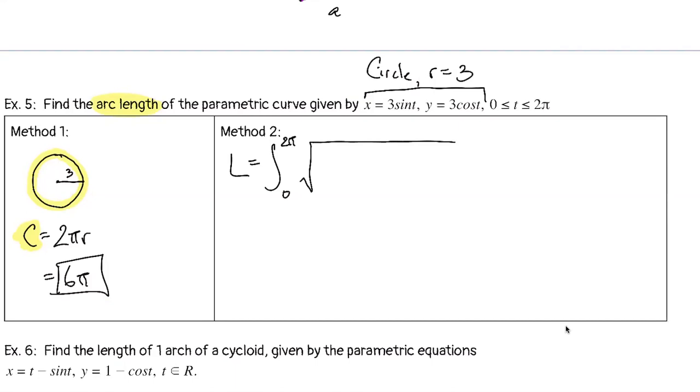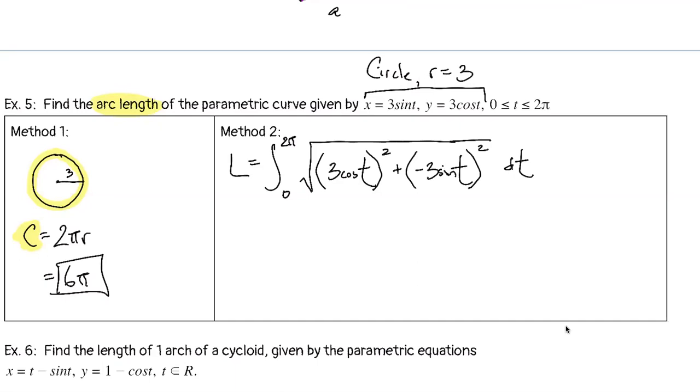So I need to find the derivative of x, and I'm going to square it. And then I'm going to add it to the derivative of y, and I'm going to square it. And I want to make sure that I have a dt at the end. So the derivative of x is going to be 3 cosine t. And the derivative of y is going to be negative 3 sine t.